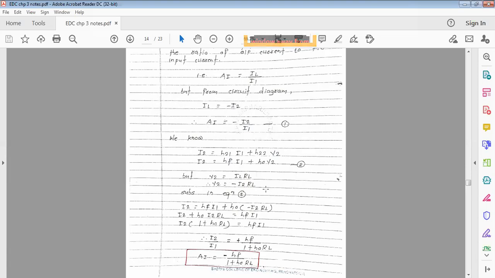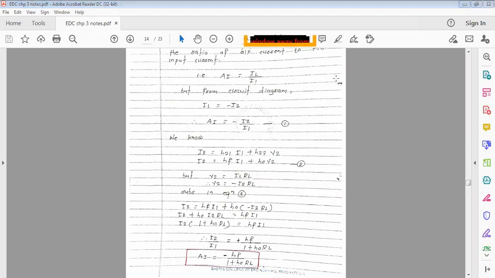H21 is nothing but HF, so I2 is equal to HF I1 plus HO into V2. What is V2? It is minus I2 into RL. Replace this V2 and rearrange the equation. We will get the current gain as minus HF upon 1 plus HO into RL. So by knowing the values of the H parameters, we can easily find the current gain for that particular transistor.